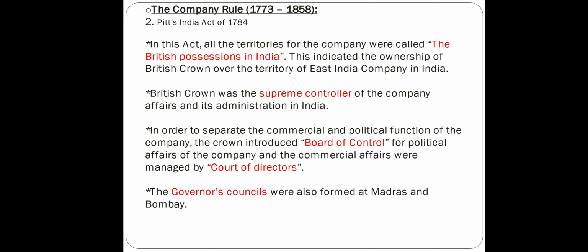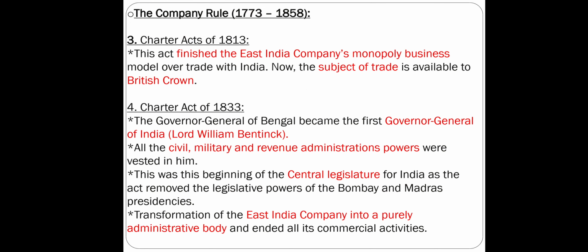See, the governors in other provinces, not in the Governor General's executive council, were given a chance to form an assisting organization called the Governor's Council, both in Madras and in Bombay. A third one is the Charter Act of 1813.